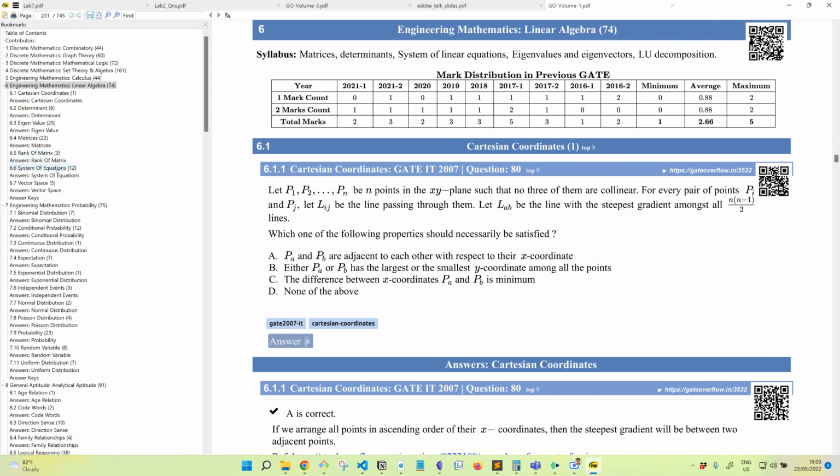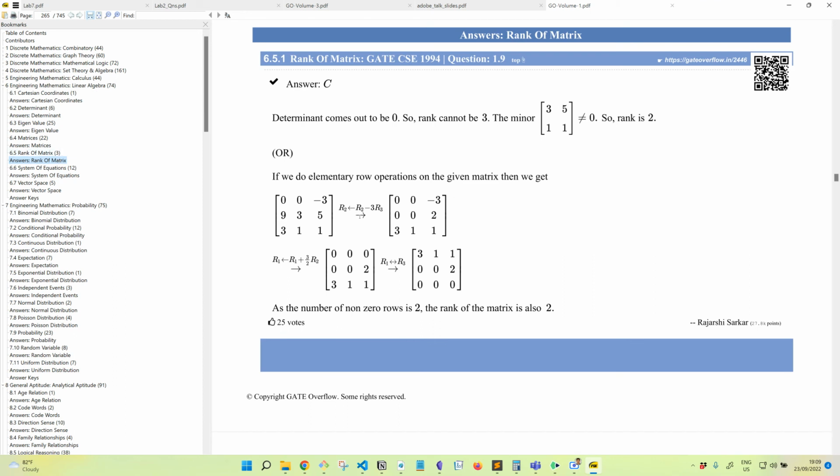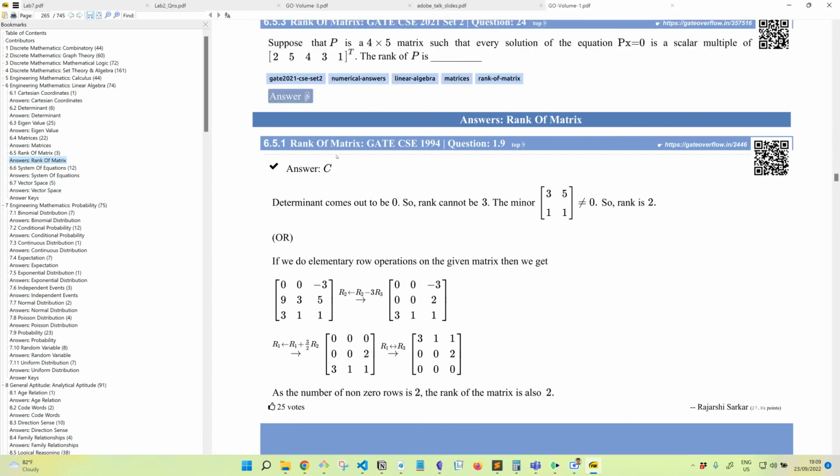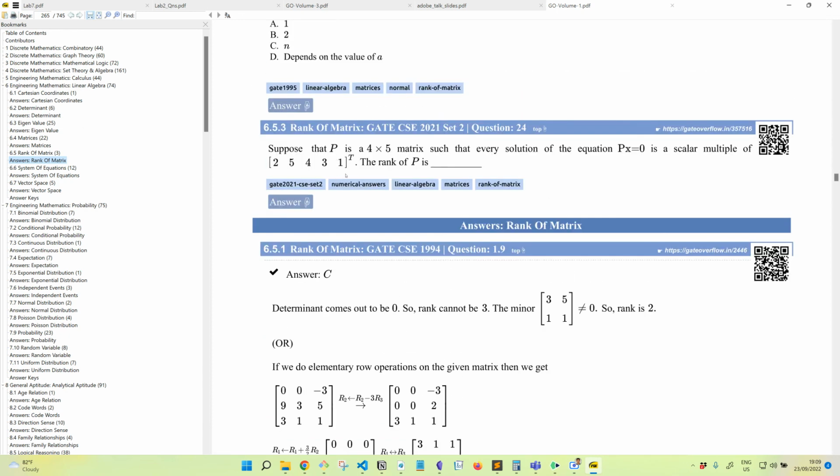Today we completed system of linear equations and saw rank of matrices, although not in a formal manner. I motivated rank from the RREF of an augmented matrix. Once you understand the concept, you need to look at the questions and solve them. Maybe in this session, let's see the solution to this question.